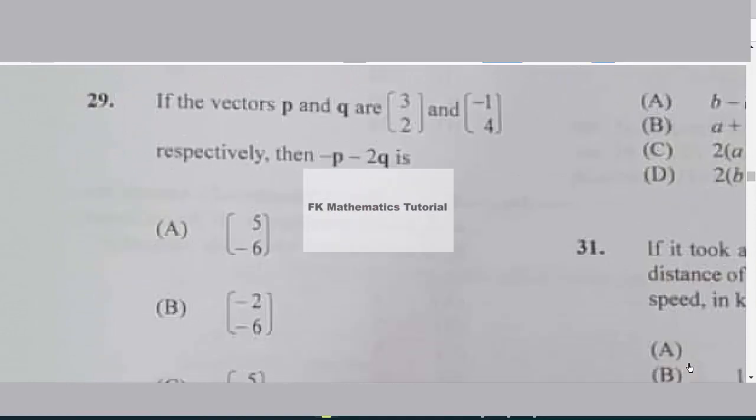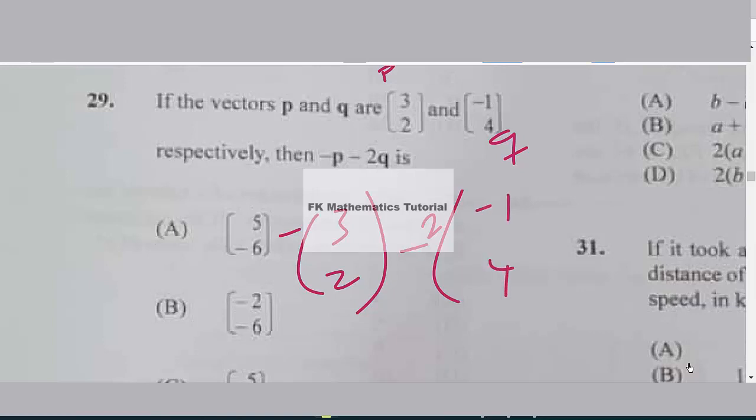Number 29. If the vectors P and Q are (3, 2) and (negative 1, 4) respectively, then negative P minus 2Q. So let's substitute. This is P and this is Q. So negative P will be (3, 2), then minus 2, then the Q is (negative 1, 4).